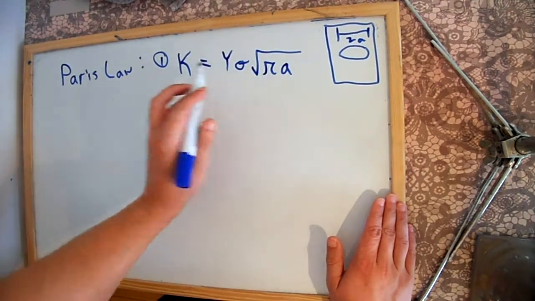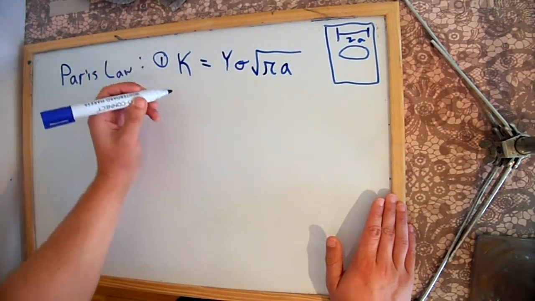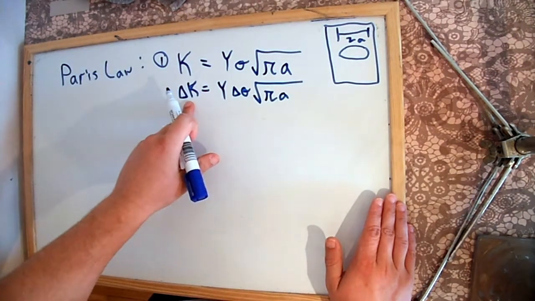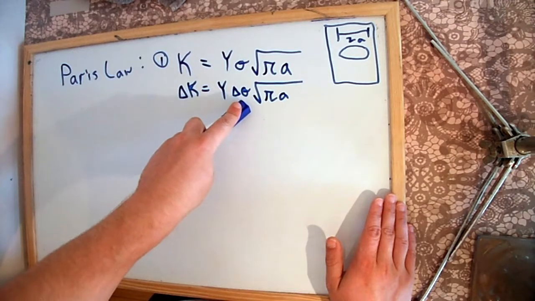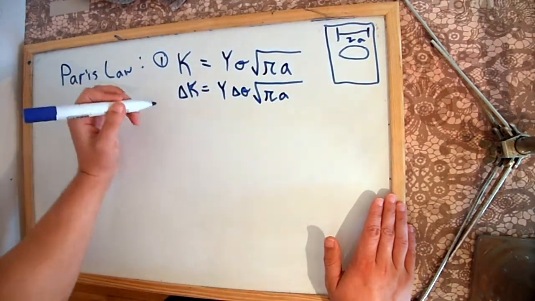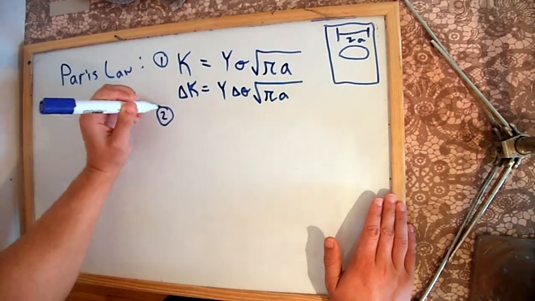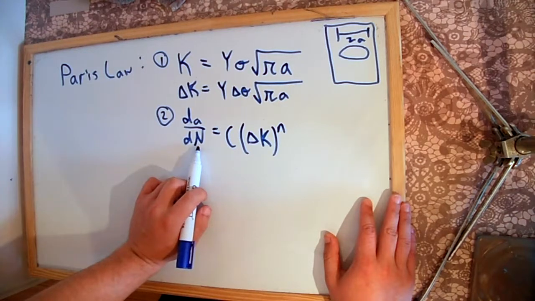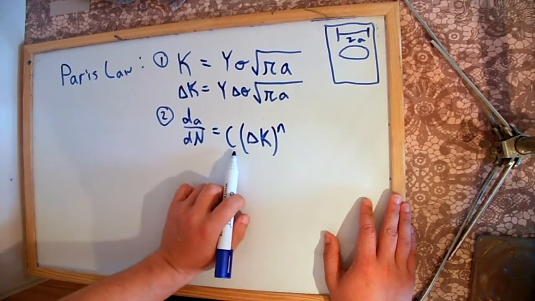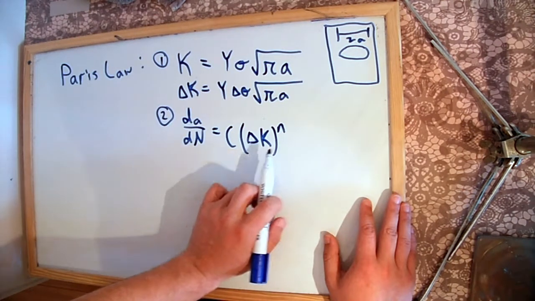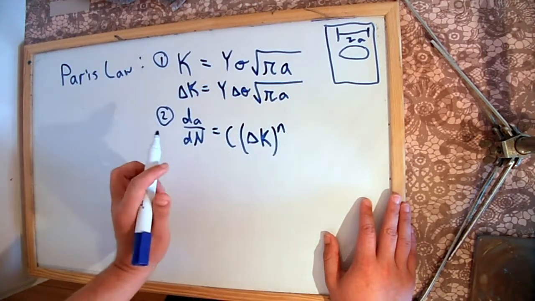So this is the first equation. This can be changed so that the change in the stress intensity factor is based on the change in the stress that's being put on the specimen. Second one, the change of the crack length per cycle, dA/dN, is equal to C, which is a constant that was given, multiplied by delta K to the power of N, which is also given.